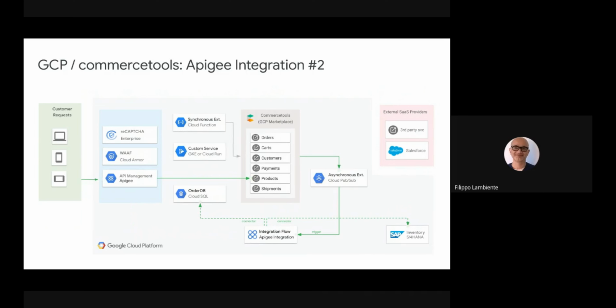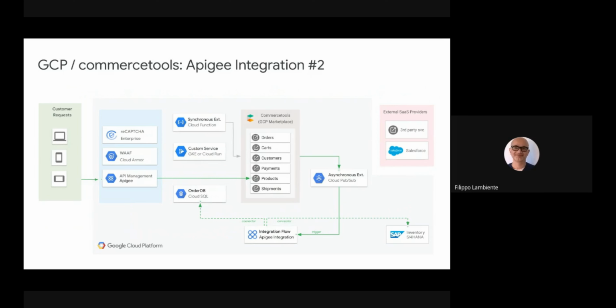And some integration logic can also be asynchronous. So maybe I need to retrieve data in a synchronous way. I need to connect to SAP. I need to connect to different databases and technologies, off-the-shelf products or external SaaS providers.